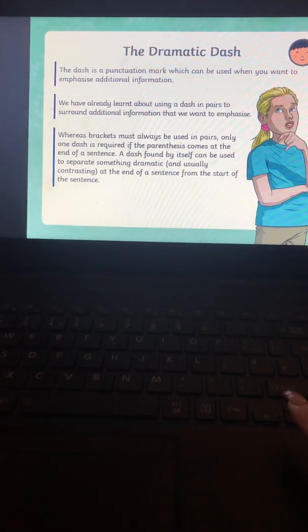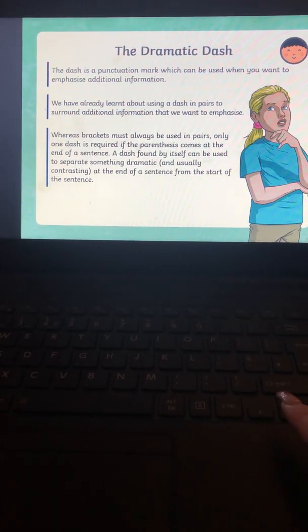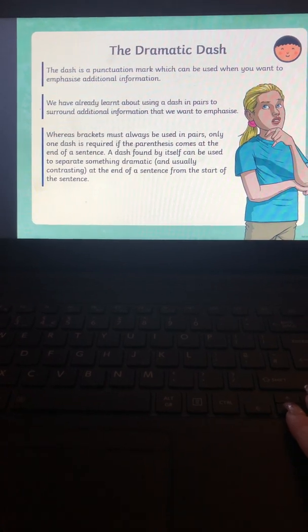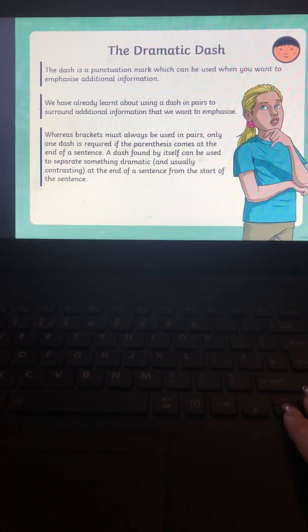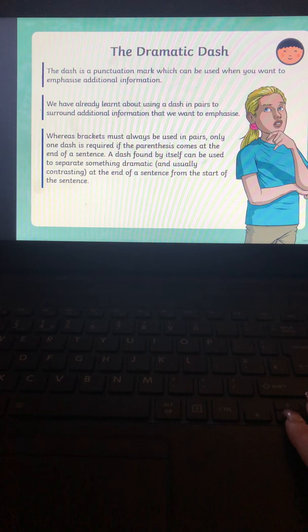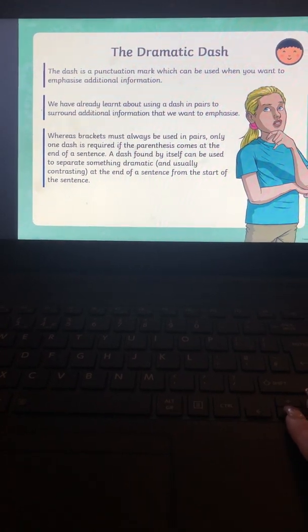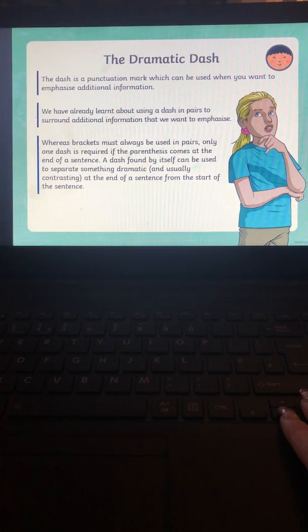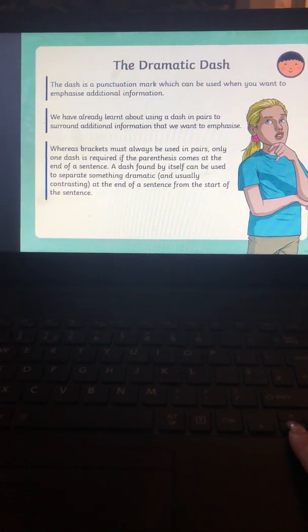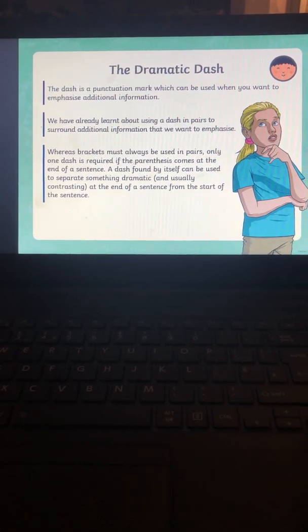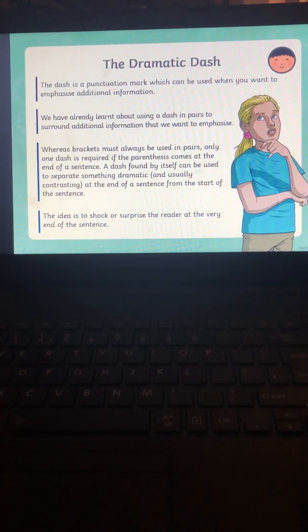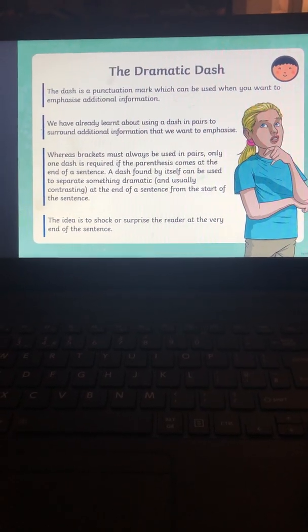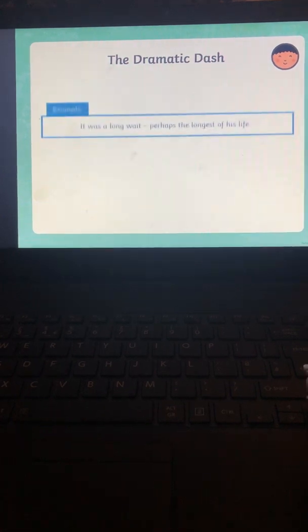Whereas brackets must always be used in pairs, only one dash is required. If the parenthesis comes at the end of a sentence, a dash found by itself can be used to separate something dramatic and usually contrasting at the end of the sentence from the start of the sentence. So the idea is to shock or surprise the reader at the very end of the sentence.